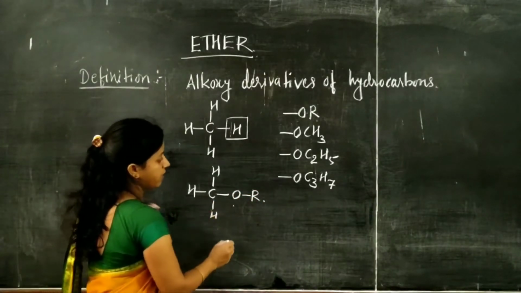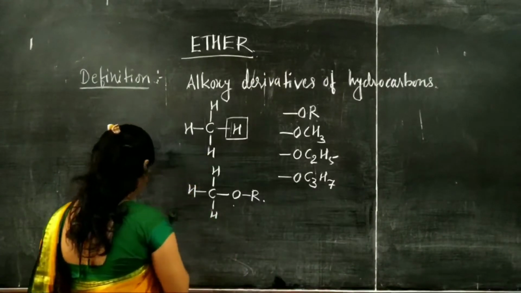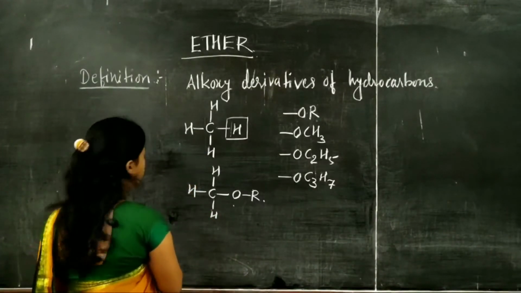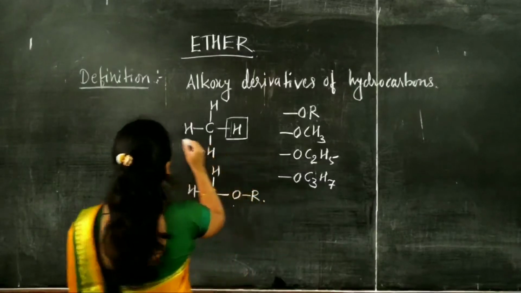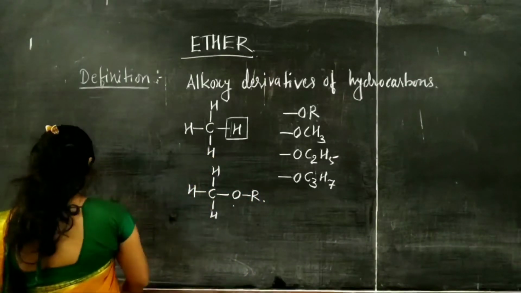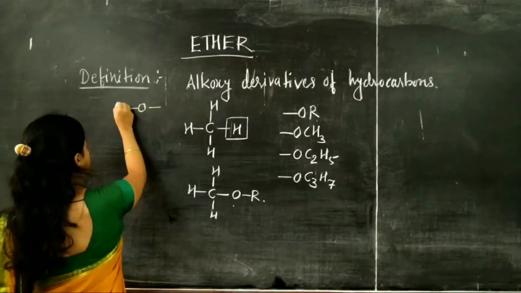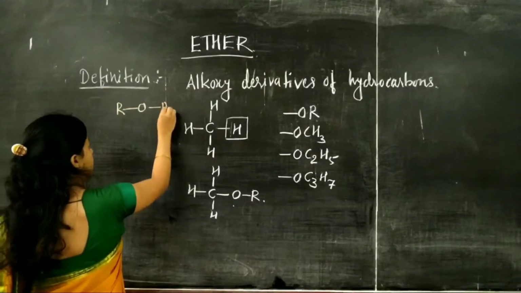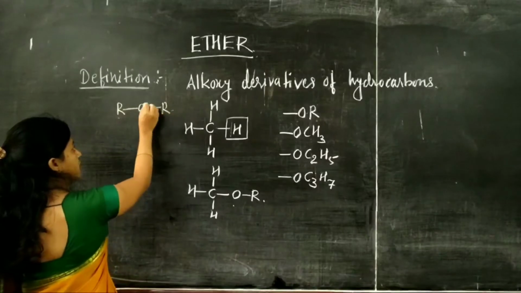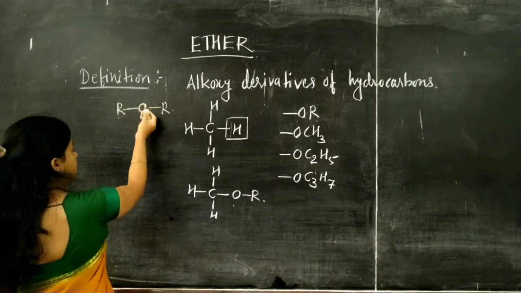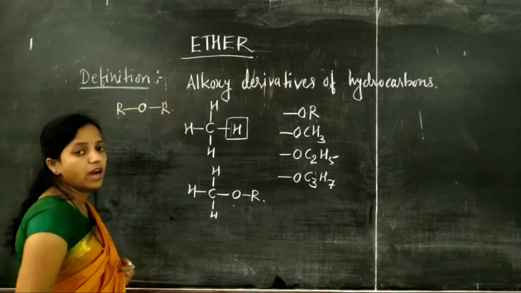So the general formula for ether is R-O-R. This is the general formula. Here R represents the alkyl groups, and on either side of the oxygen there will be an alkyl group.